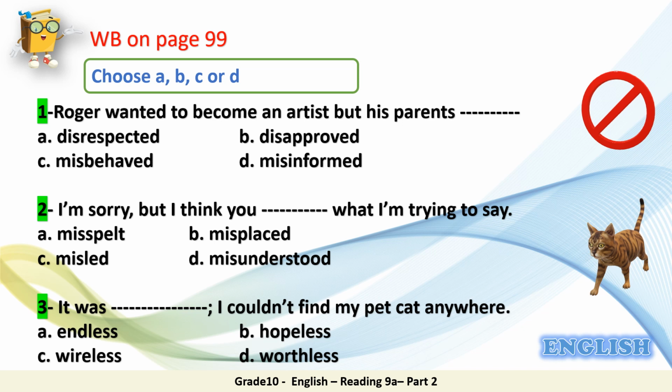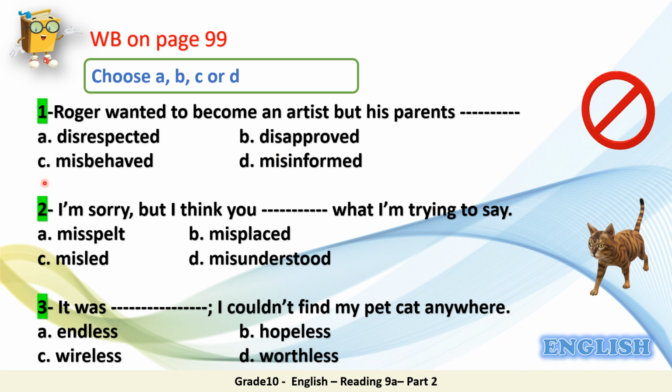Let's check understanding. Choose A, B, C, or D to fill in the gaps in these sentences. Sentence number 1. Roger wanted to become an artist, but his parents disrespected, misbehaved, disapproved, or misinformed.